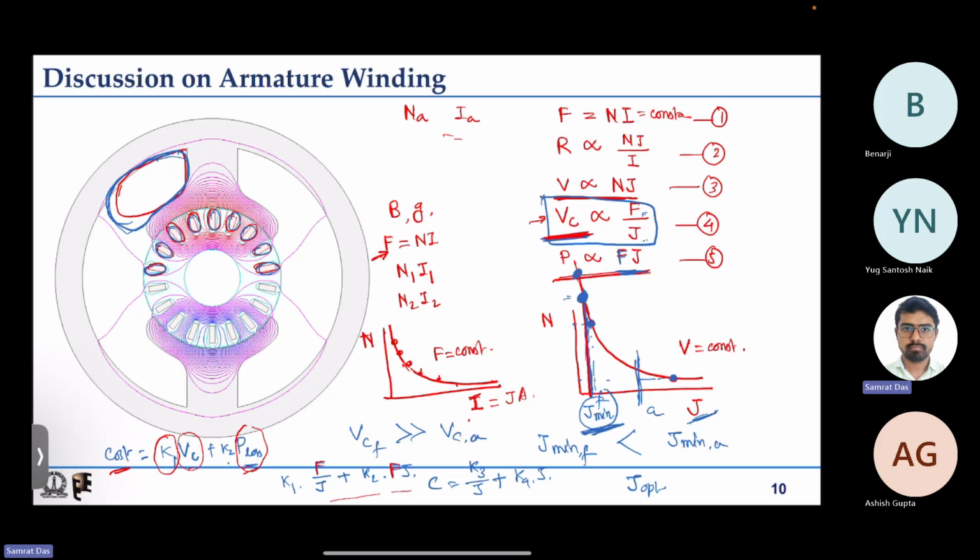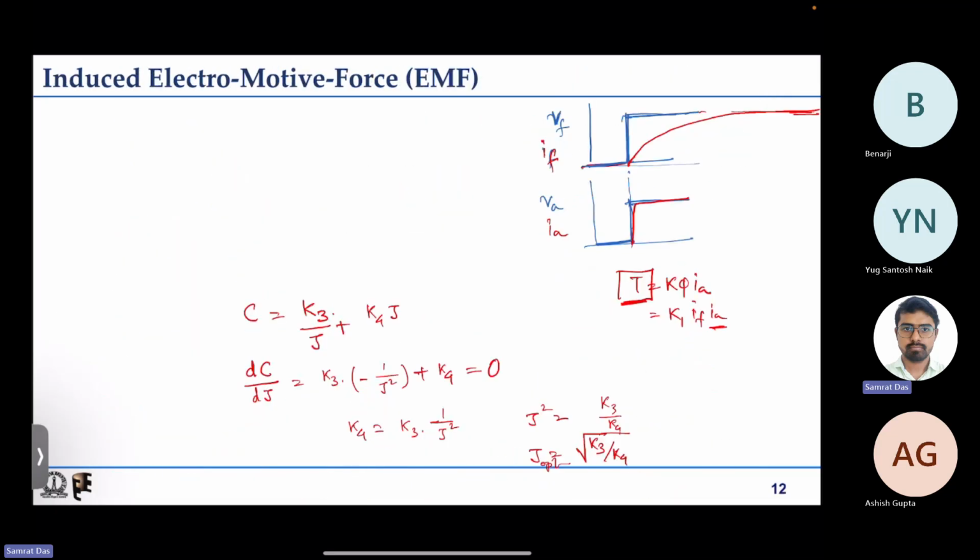We cannot say no to our requirement. We have to meet the requirement. So this becomes our cost function, and if we differentiate the cost function with respect to the current density, and make it 0, then we end up having J optimal equal to under root of K3 by K4.